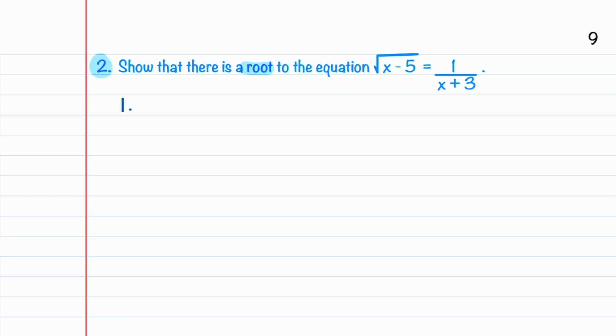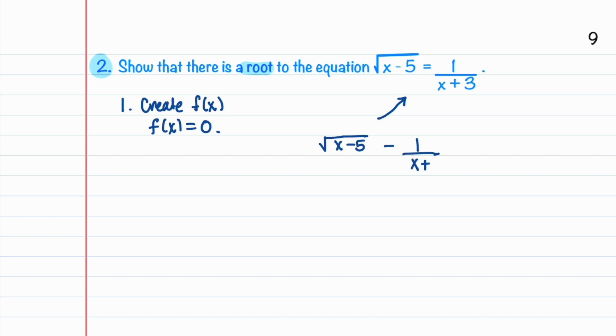We're going to solve this problem in 2 steps. Our first step, we are going to create f of x. Because we want to find a root to this equation, our function f of x is going to correspond to f of x is equal to 0. So if we go up here and look at our equation, we can write this as the square root of x minus 5 minus 1 over x plus 3 is equal to 0.